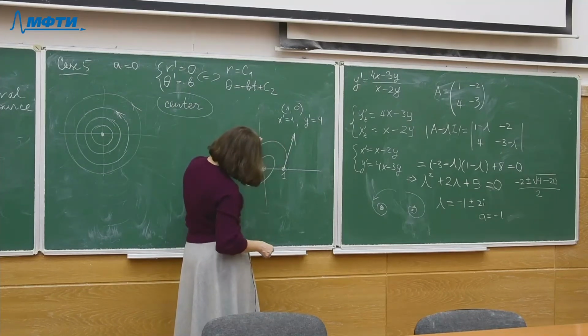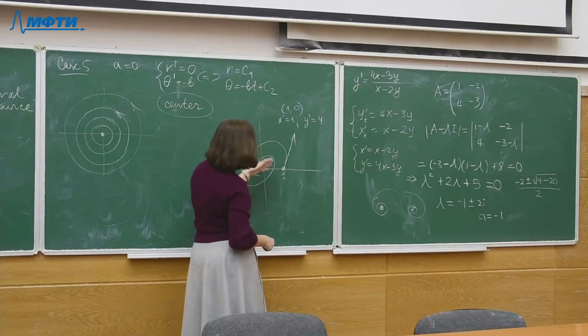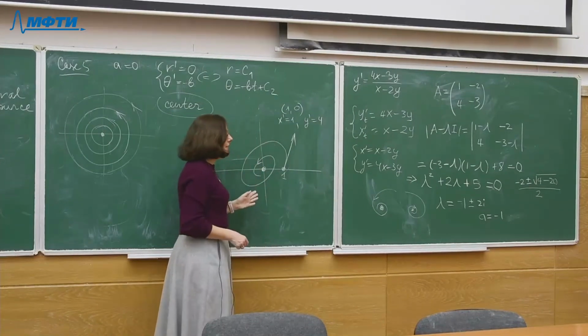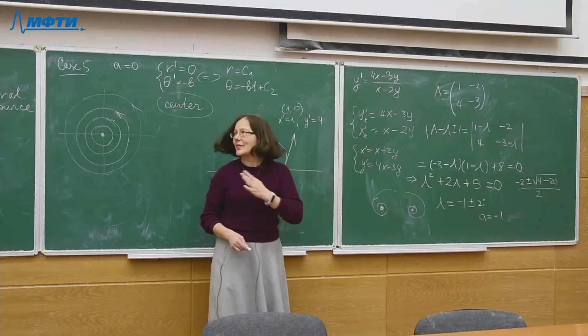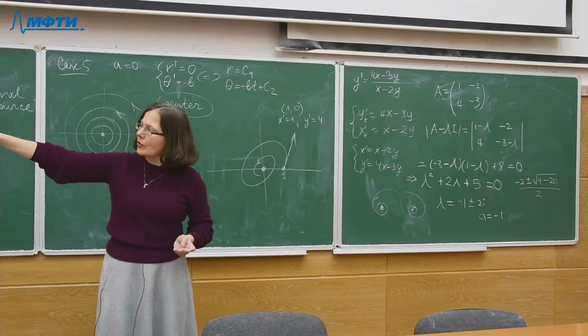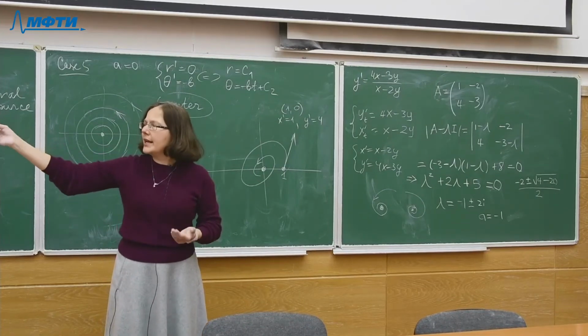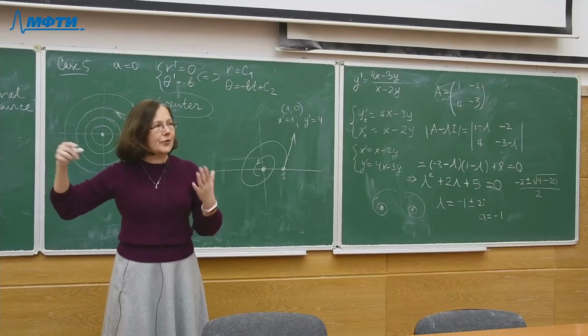And this will be an ellipse, not a circle, right? Because this system of linear equations is obtained after some linear change of variables.